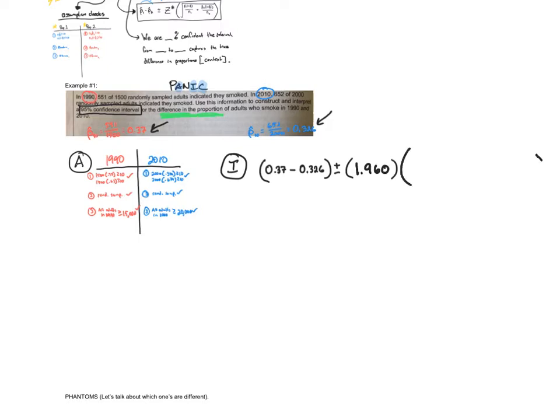Now I'm just going to write this in, but I'm going to let my calculator actually do the calculations for me. But just for AP sake, let's do it. 0.37 times 0.63 over 1,500, plus, that's P90 times 1 minus P90 over N. And then I'm going to take the other one, 0.326 times 0.674, and I'm going to put that over 2,000.